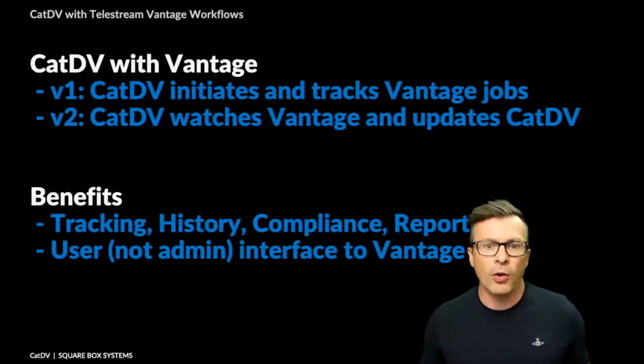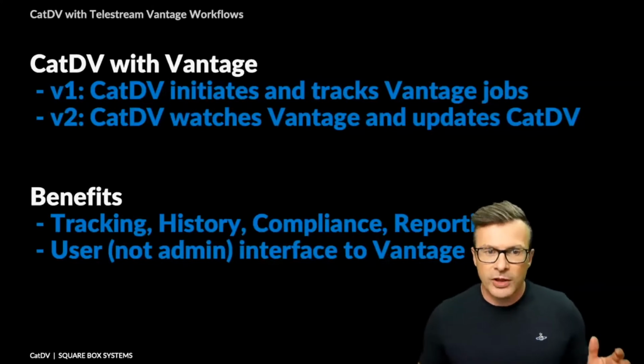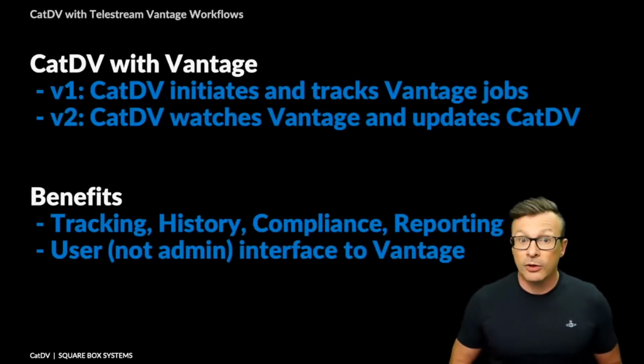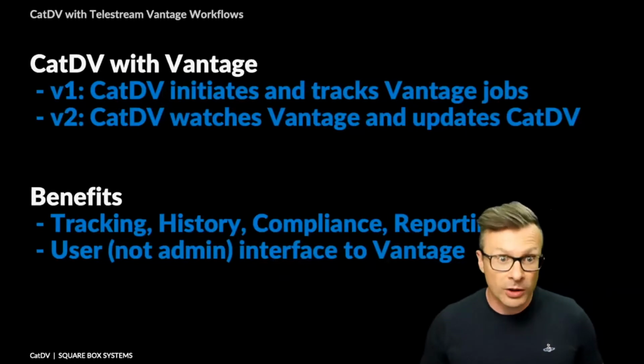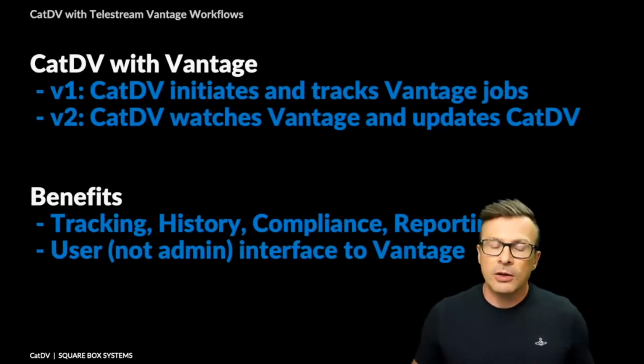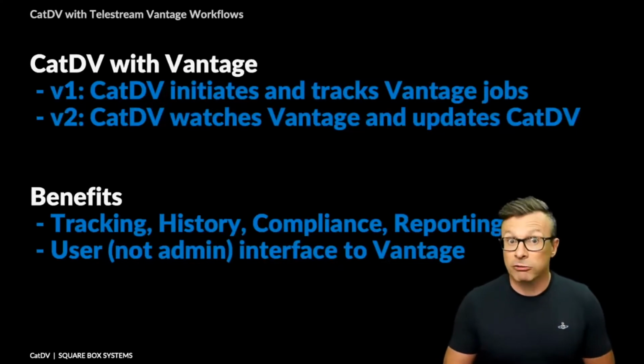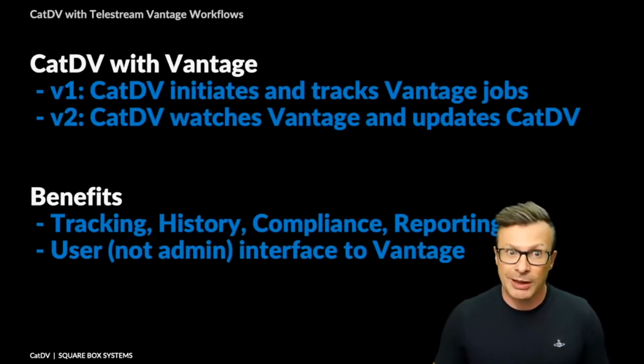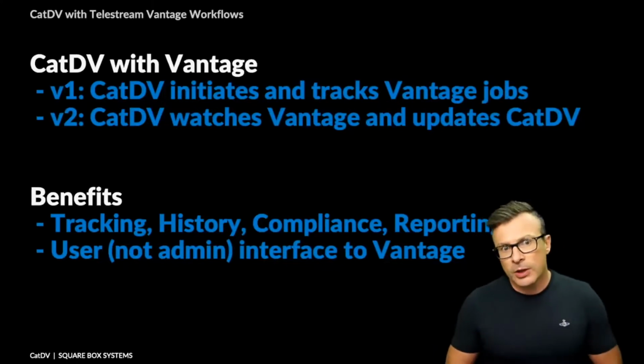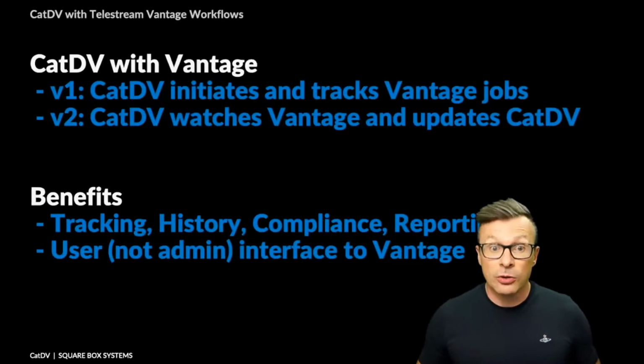What actually went on that day? That tracking, that history, that reporting for compliance purposes, for audit purposes, CatDV initiating and watching Vantage jobs enables you to have real control over what has actually happened and be able to prove it after the event sometime afterwards. And then also, the second benefit is about providing a user interface.